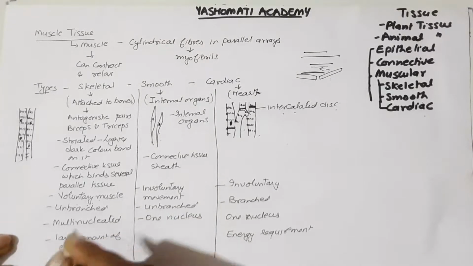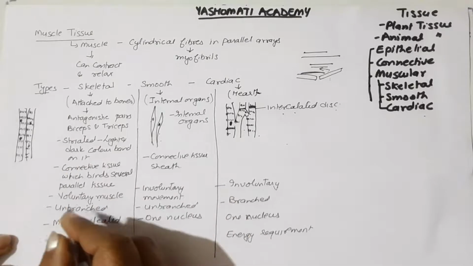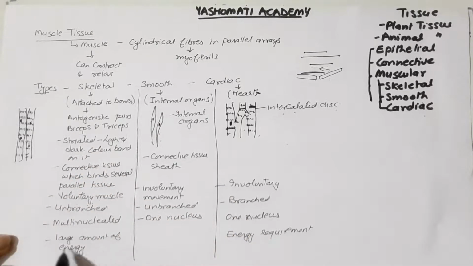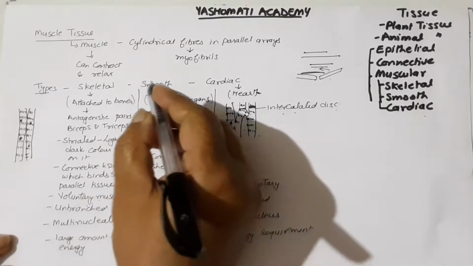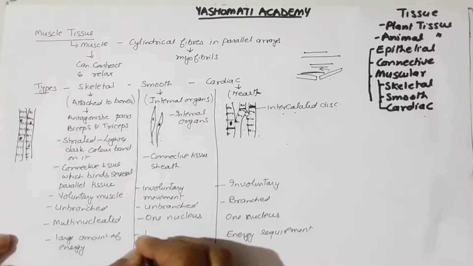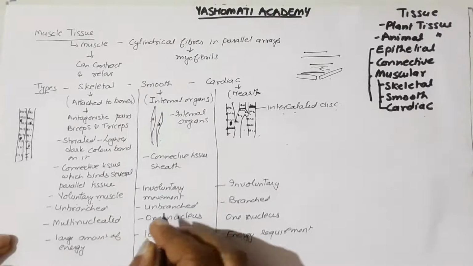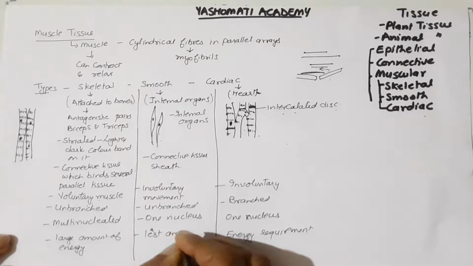That means when bones move, the skeletal muscles which cause the movement consume a lot of energy, and smooth muscles have the least requirement of energy.